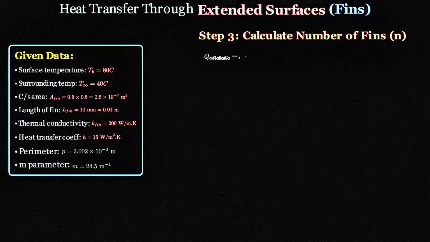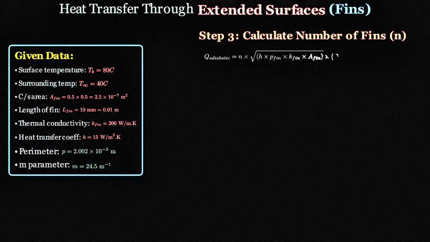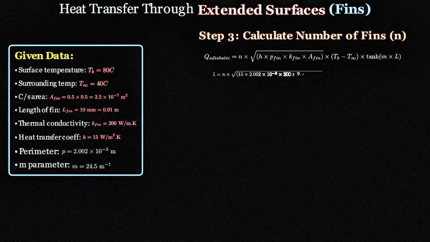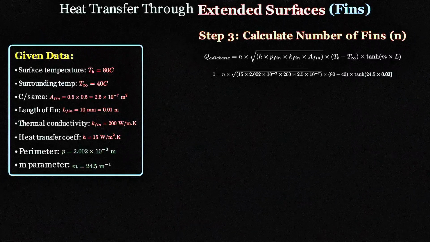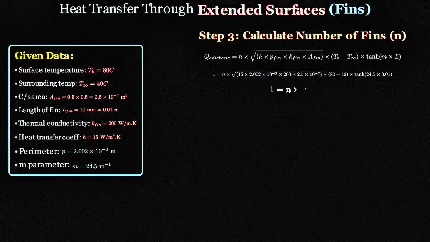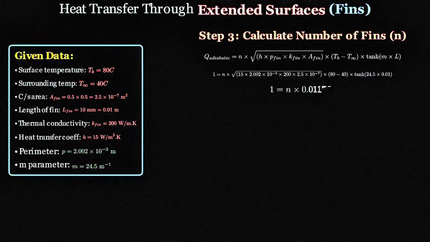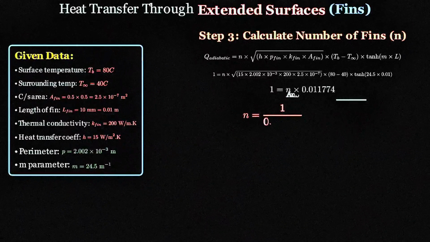For an adiabatic tip condition, the heat transfer equation is Q equals N times the square root of h times P times k times A multiplied by the temperature difference T base minus T infinity times hyperbolic tangent of m times L. Since we need to dissipate 1 watt, we substitute 1 equals N times the square root of 15 times 2.002 times 10 to the minus 3 times 200 times 2.5 times 10 to the minus 7, multiplied by the temperature difference of 80 minus 40 times tanh of 24.5 times 0.01.